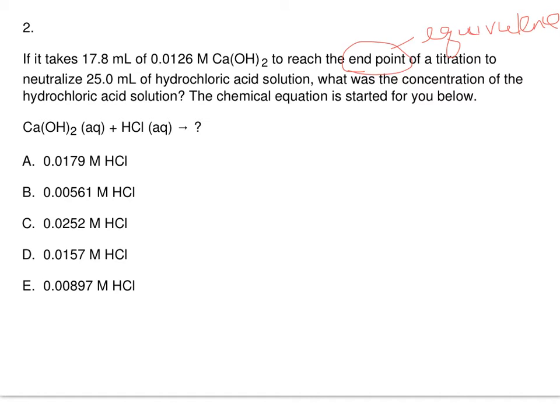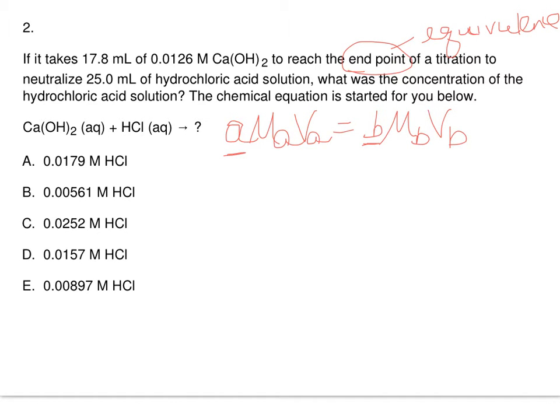So we're at the end of a titration. At the end of a titration, you can use this handy-dandy equation. Some of you forgot what little a and little b are. You need to know those, guys.